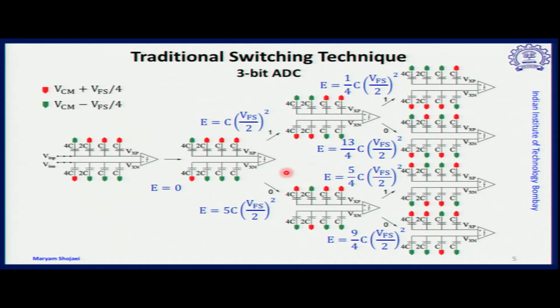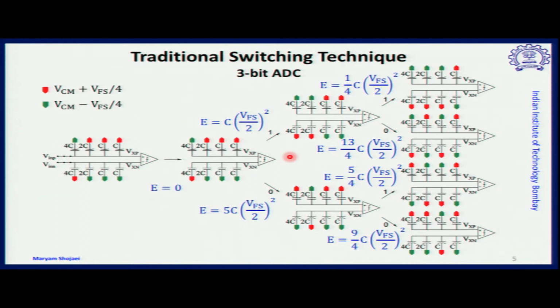So now, when we move from this step to the next step, the decision and the switching depends on the decision. So let's assume, for example, the output of the comparator is 1. That means now we have done one round of the comparison or binary search.